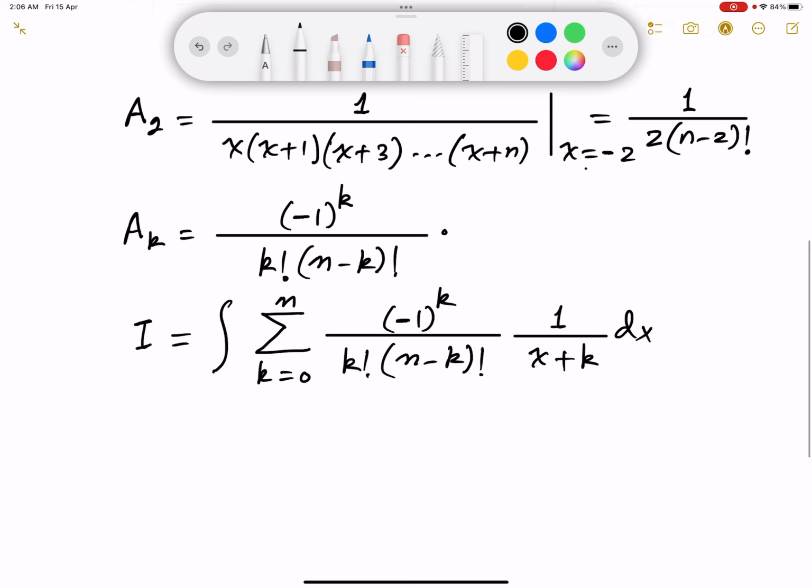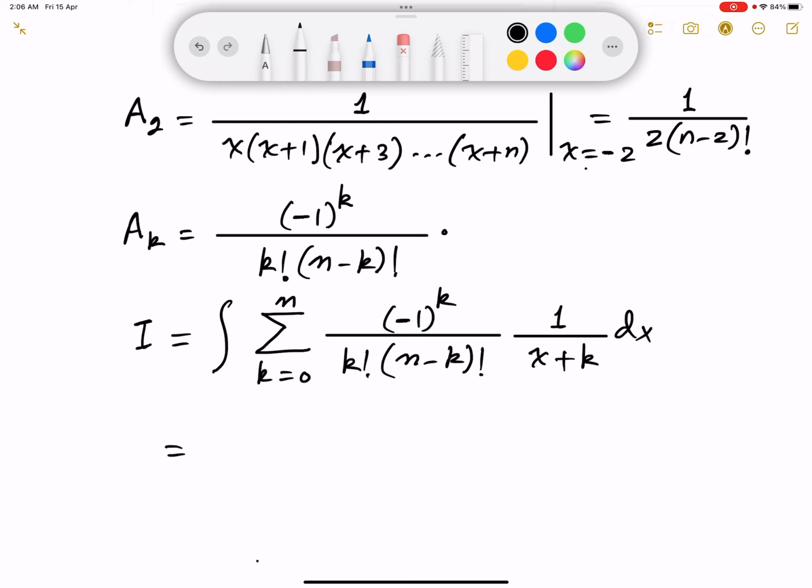Okay, so the first term is constant, and we're going to be left with the second term, which is basically the natural logarithm. The integral of that is the natural logarithm of the absolute value of x plus k plus the constant c.